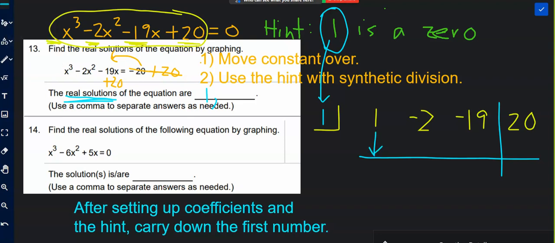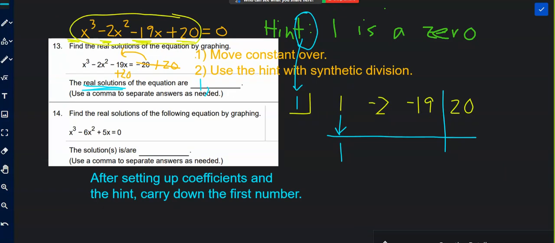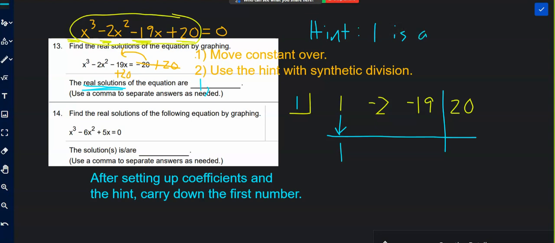The first number gets dropped below the line automatically. Always, always, no matter what that number is, you drop it below the line. Okay? Whoa. I have to clear out my hint. Hopefully that doesn't mess people up. My hint disappeared. I guess maybe I'll write it over again. Hint: 1 is a 0.